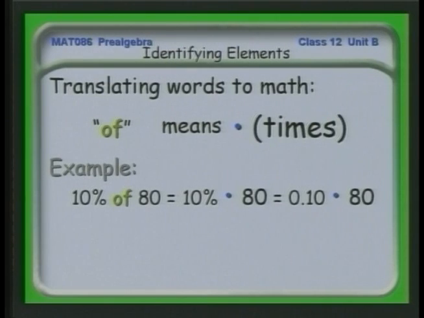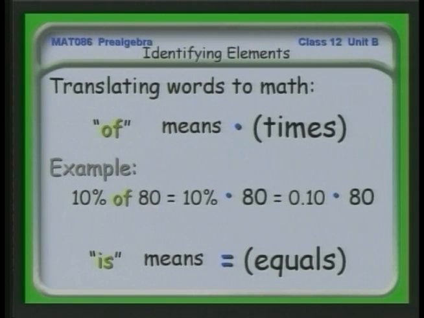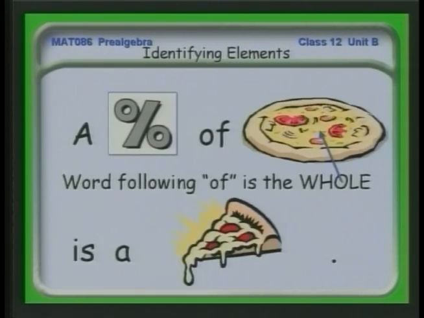As an example, 10% of 80 is 10% times 80. And when you do math with percents, you need to change them to a decimal. 10% of 80 is equivalent mathematically to 0.10 times 80. "Is," of course, you've seen before, and that means equals.